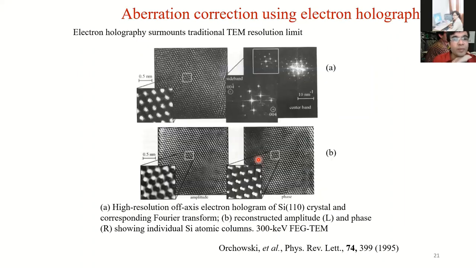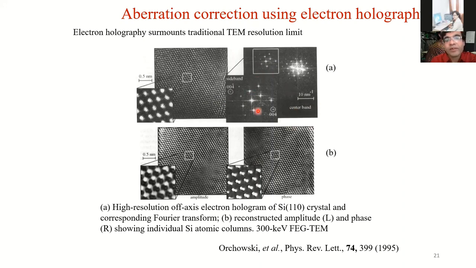And here, the application of electron holography, basically off-axis electron holography. In that you record the hologram, and then when you Fourier transform it, you observe this sideband, and you apply a numerical phase plate, which is just the inverse of the coherent aberration function.